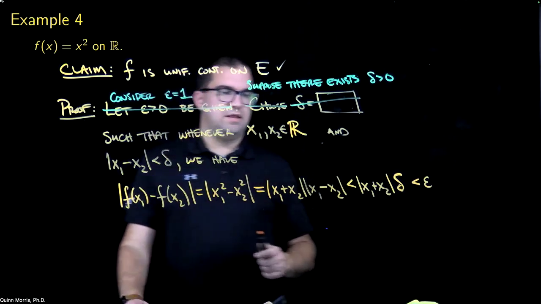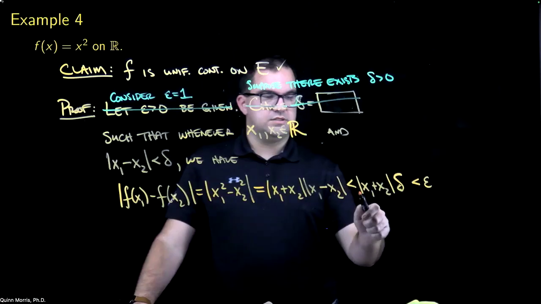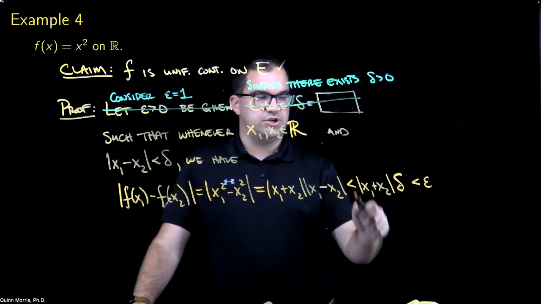Well, you can immediately reach a contradiction because I can choose x1 and x2 large enough.